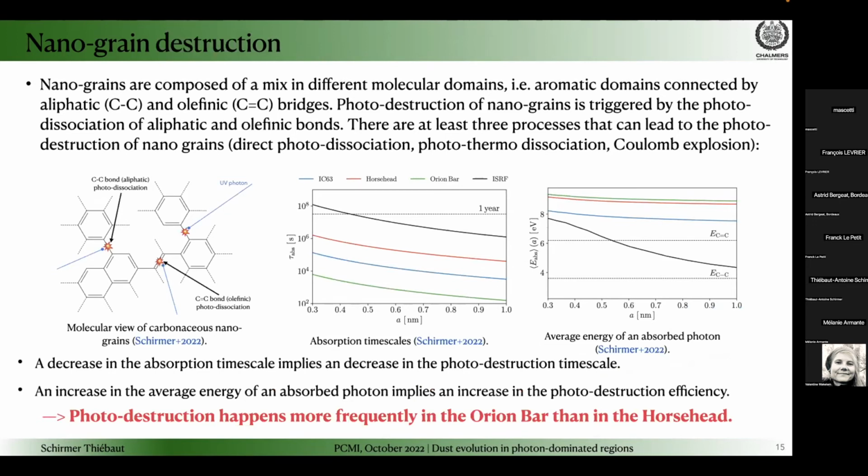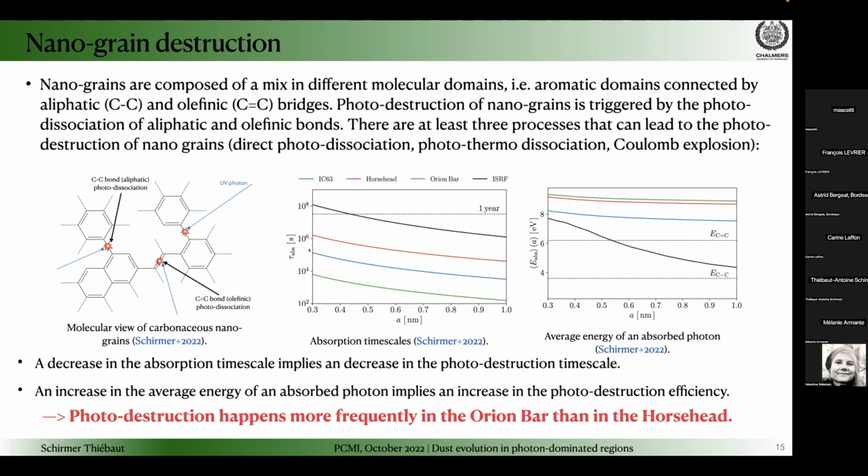Regarding the nanograin destruction, it is more difficult to establish timescales because there are different mechanisms that can explain the destruction of nanograins, like direct photodissociation, photothermal dissociation, Coulombic explosion, and others. So what we did is we computed two quantities.